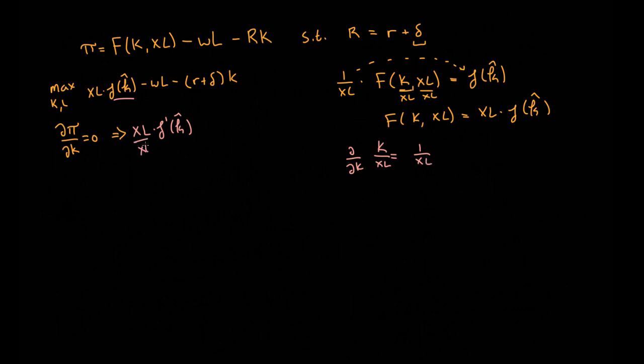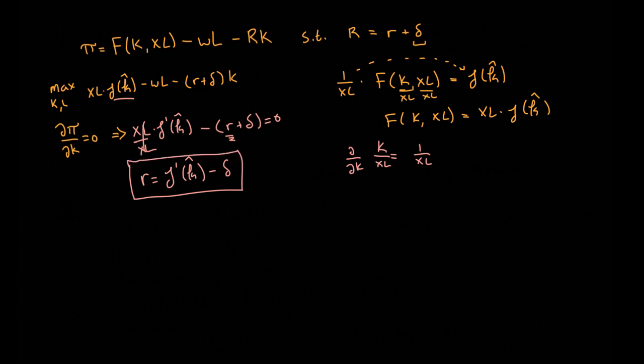Then we have another k, so minus r plus delta equals 0. These cancel, and we solve for r because that's the rental rate of capital. So r equals f prime of k hat minus delta. And we're done.